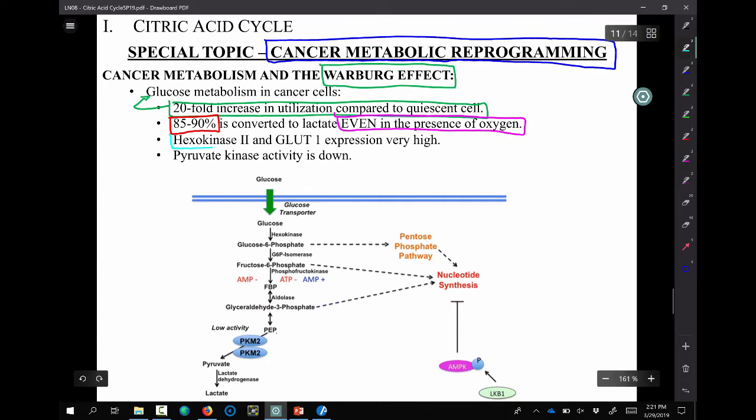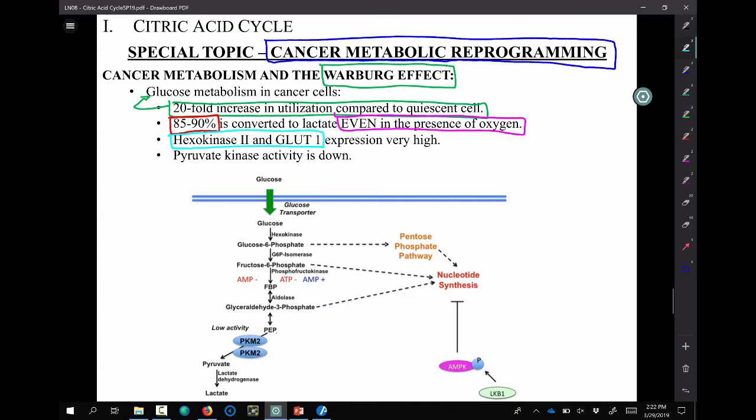One of the aspects of cancer cells is that they will express high levels of hexokinase 2 and GLUT1. Both of these have really low KMs, which means that they can obtain fairly rapid rates of catalysis at fairly low concentrations of glucose.